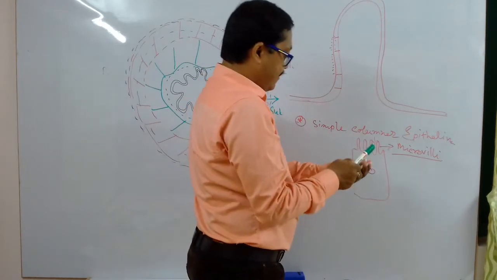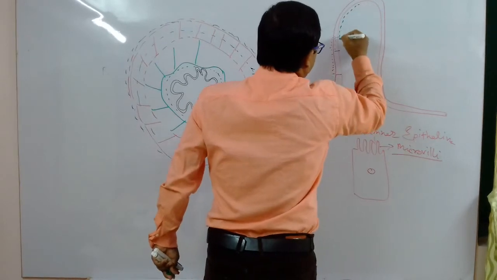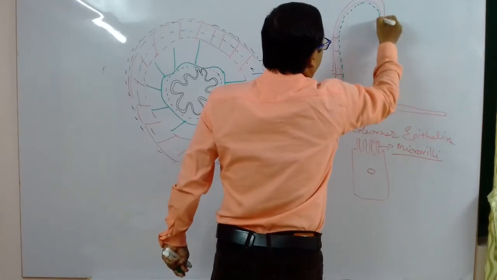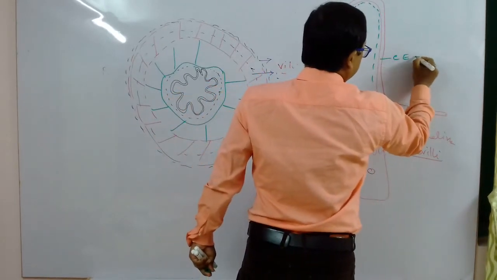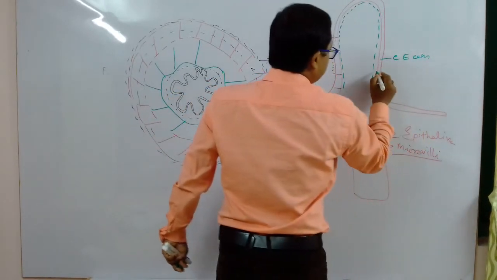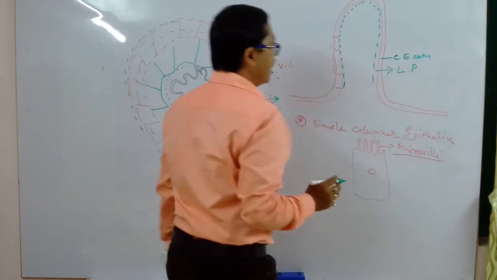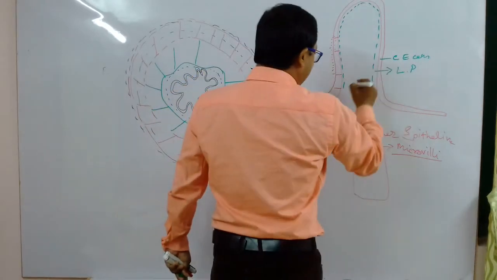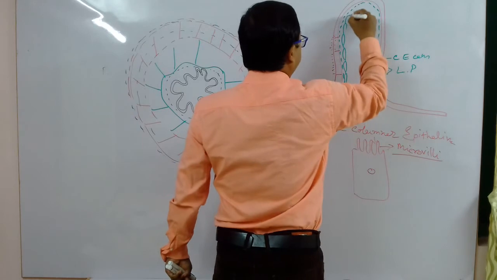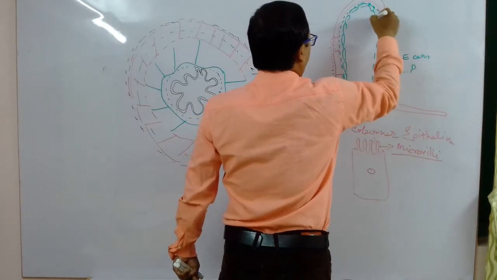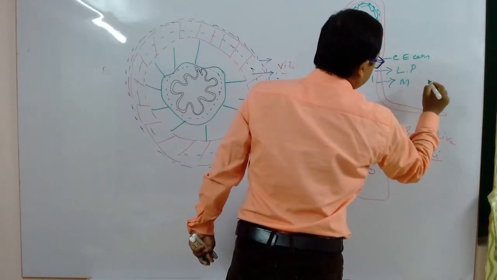Then within the villi, what is present? Within the villi are the lamina propria, outer columnar epithelium cells, then the lamina propria. Inside the lamina propria, some muscle cells are also present, called the muscularis mucosa.